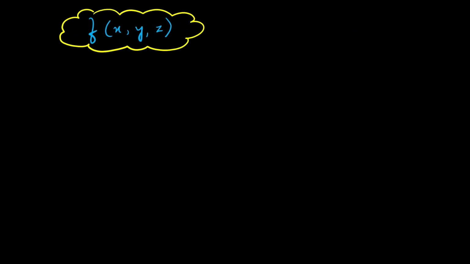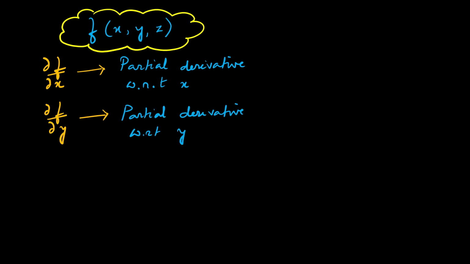If I have a function which depends on three variables, x, y, and z, then we can have the partial derivative with respect to x, partial derivative with respect to y, and partial derivative with respect to z.